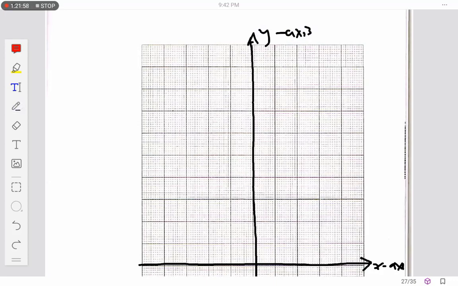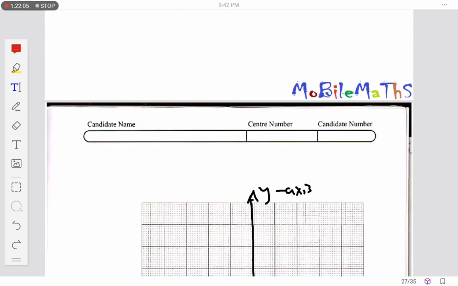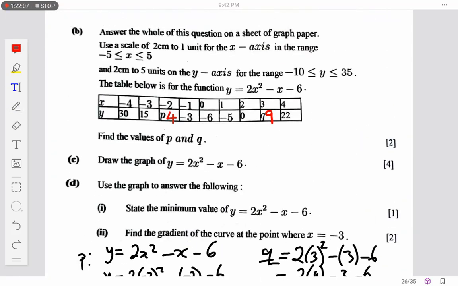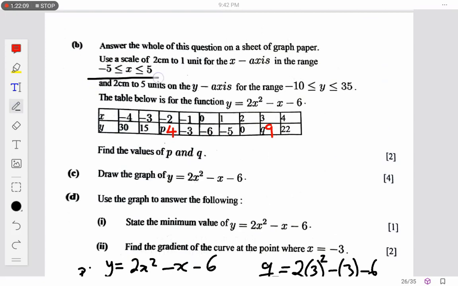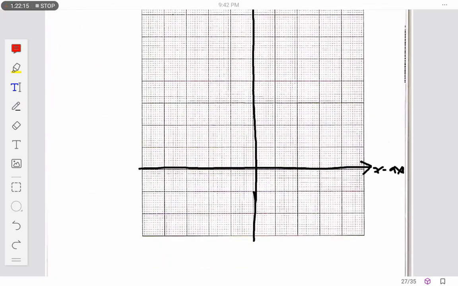Okay, then we can now have our points. We said our x-axis is going to be from -5 to 5, and it is 2 centimeters to 1. So I can say this is 1, this is 2, this is 3, this is 4, this is 5. Then for -1, -2, -3, -4 and the -5 there.